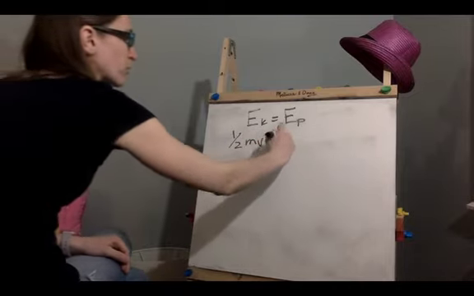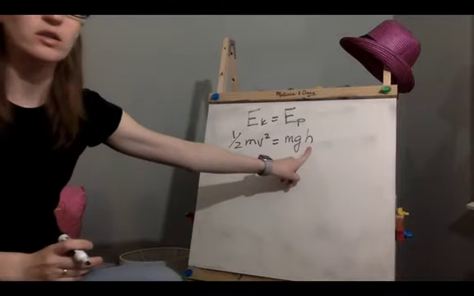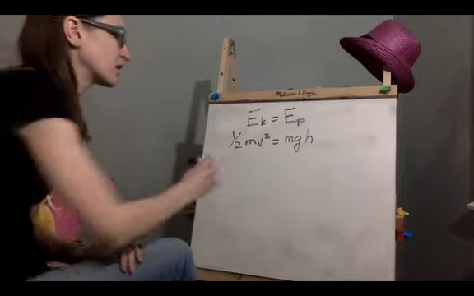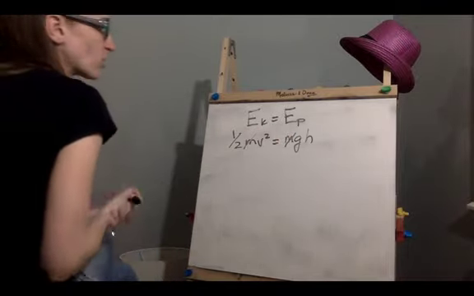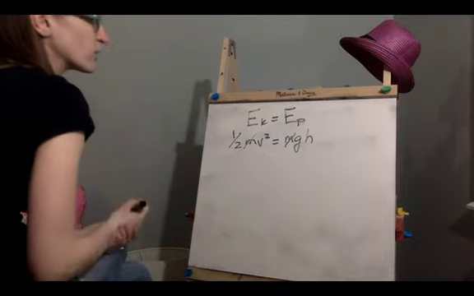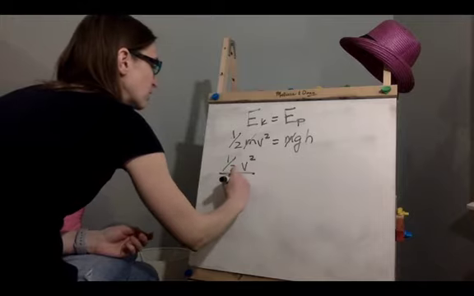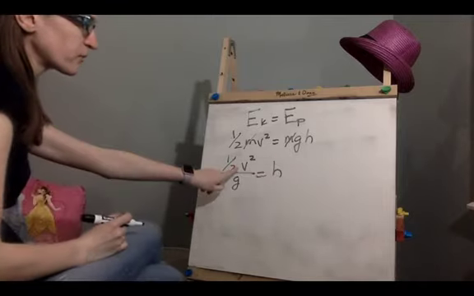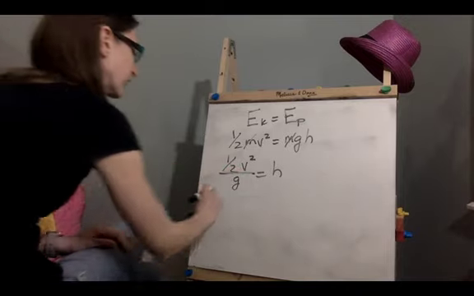We have a formula for gravitational potential energy, that's mgh, and there's that height that we're being asked to solve for. Now you'll notice that the mass can cancel on both sides. And in order to solve for h, we just need to divide both sides by g. So you basically just have 1/2 v squared divided by g is equal to h. We had to use our conservation of momentum in order to find this, that was that 7.14.